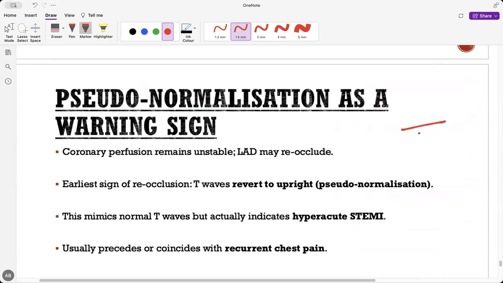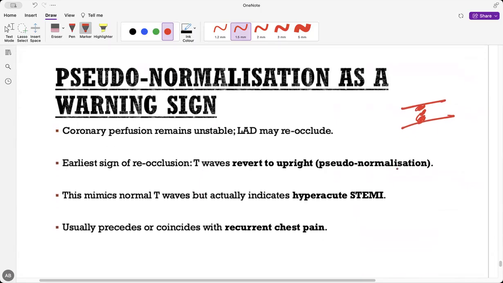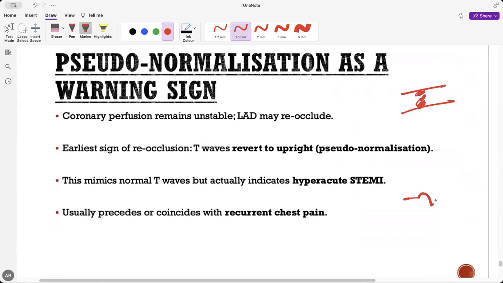Suppose after the plaque and thrombus have resolved, thrombosis forms again here. How will you suspect that the patient is having reinfarction? Initially there are T inversions. These T inversions will now start getting normal.